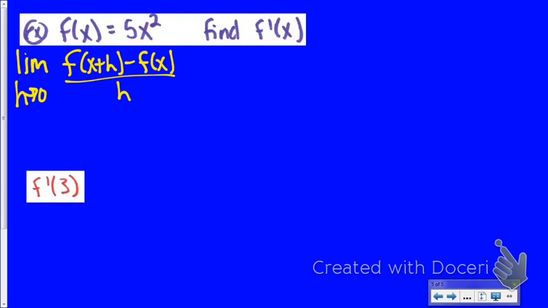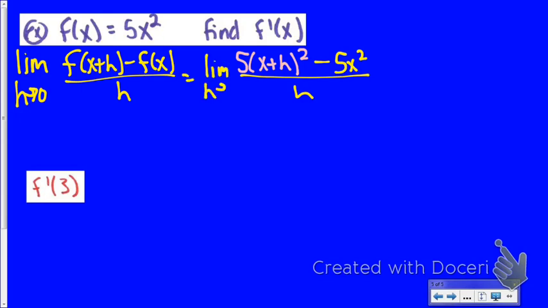So f of x plus h is going to be 5 times (x plus h) squared. And that is my f of x plus h. Then the rest of that equation stays the same. I have minus f of x, which we know is 5x squared. It's all divided by h, and I'm doing the limit as h approaches 0. So it's really the exact same thing we've been doing. I'm adding that extra step of it's the limit as h approaches 0.